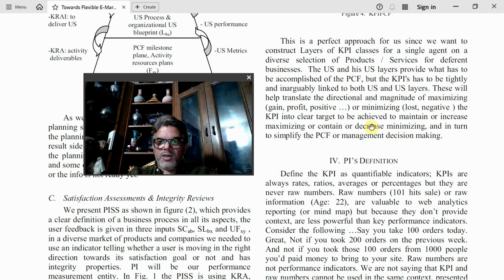So contain or decrease is like COVID-19. Maintain or increase, let's say, humanity or green energy.